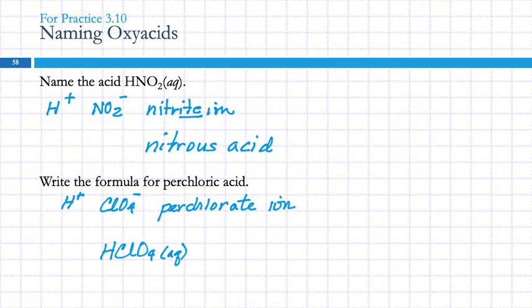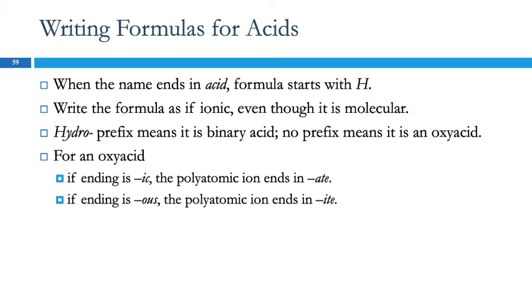Any questions? That example kind of gets ahead, but so if this is how you write formulas, when the name ends in acid, you know it's an acid. I don't think anybody has a problem with that. That means the formula starts with H. You write the formula like it was ionic, even though it's molecular, because when the acid is dissolved in water, it does form ions.